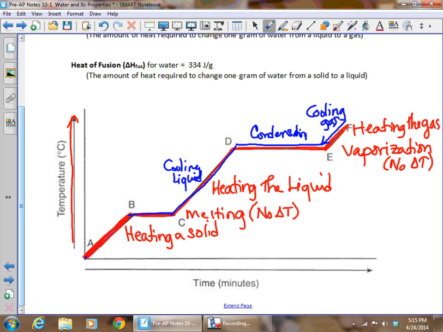And we have freezing. And finally, cooling the solid. So going in the opposite direction, it's a cooling curve. Those are the different stages that a heating/cooling curve goes through.